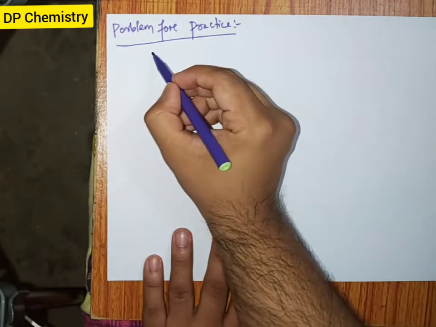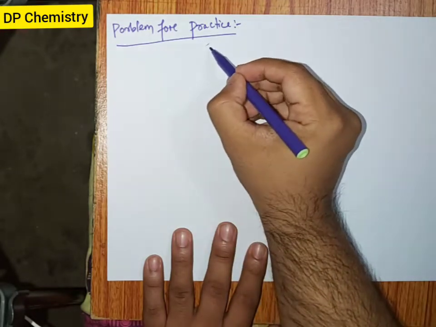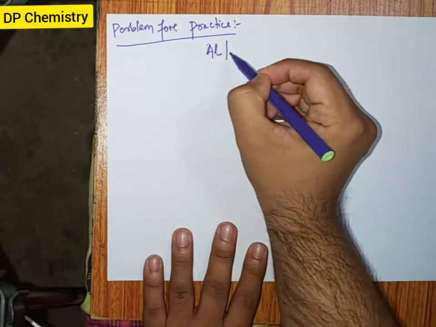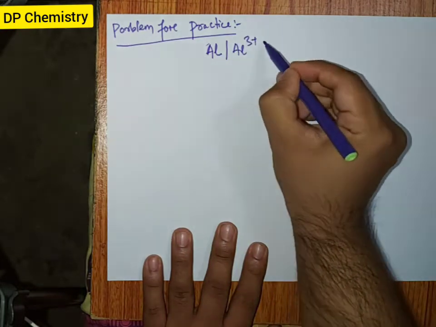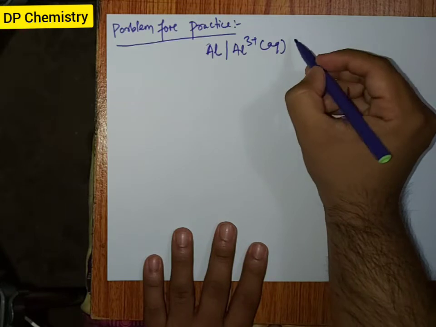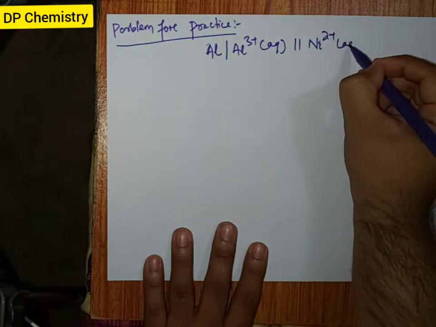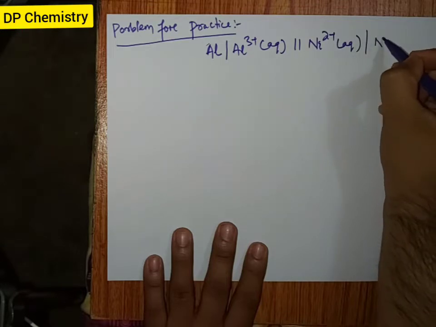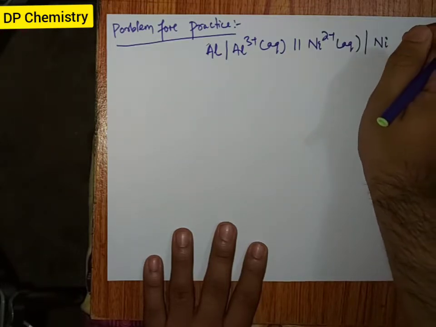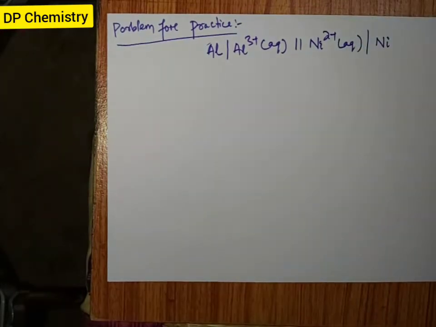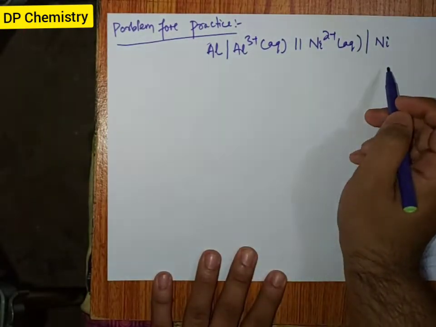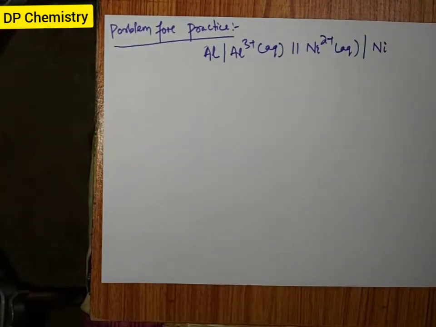Problem for practice. You have been given the cell representation as Al, Al3+ aqueous, Ni2+ aqueous, Ni. So first you have to write down the anode reaction and cathode reaction, then find the cell reaction by balancing everything, right?